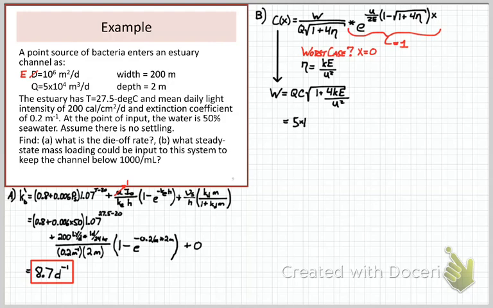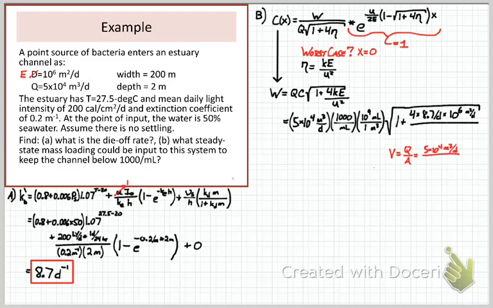And if we go ahead and plug in values for discharge, for concentration we'll use our acceptable value of 1,000 per mil, and we're going to convert that into meters cubed to keep our equation dimensionally homogeneous. And then in the square root there, 1 plus 4 times that die-off rate we calculated, 8.7 per day, times the dispersion coefficient of 10 to the 6th meters squared per day.